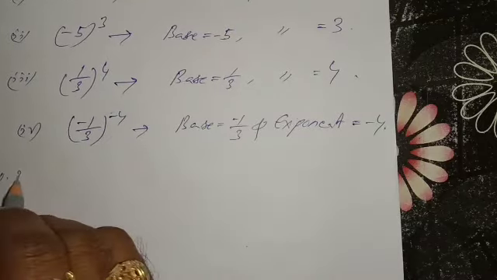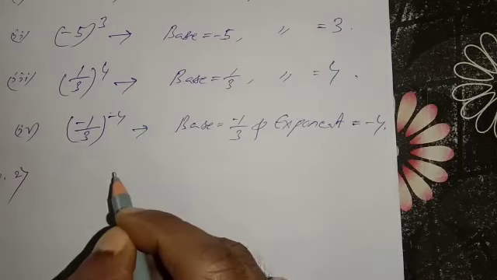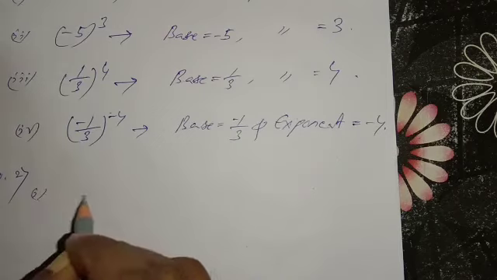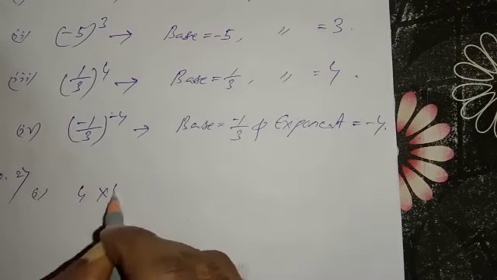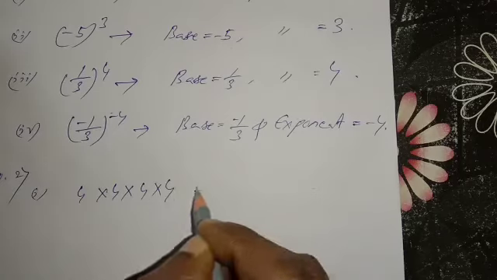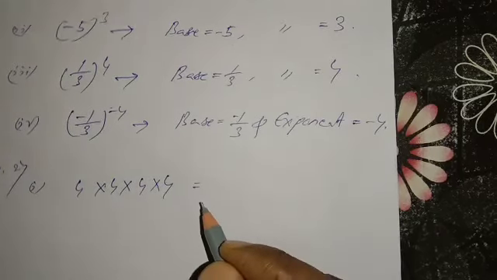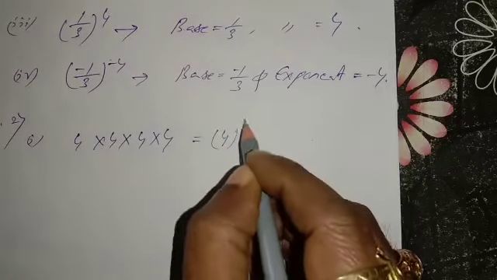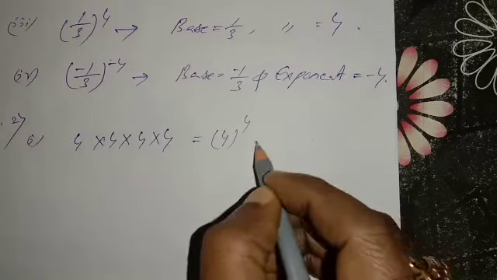Question number 2. Write the following in the exponential form. The first part given 4 into 4 into 4 into 4. How many times 4 is multiplied? 4 is multiplied here 4 times. That means 4 to the power 4. This one is exponent form.